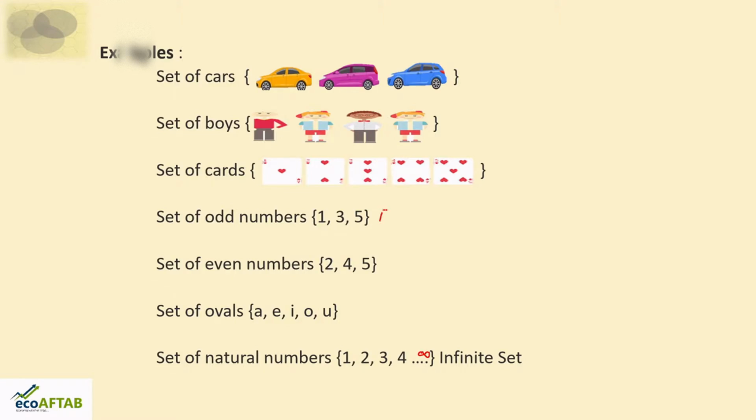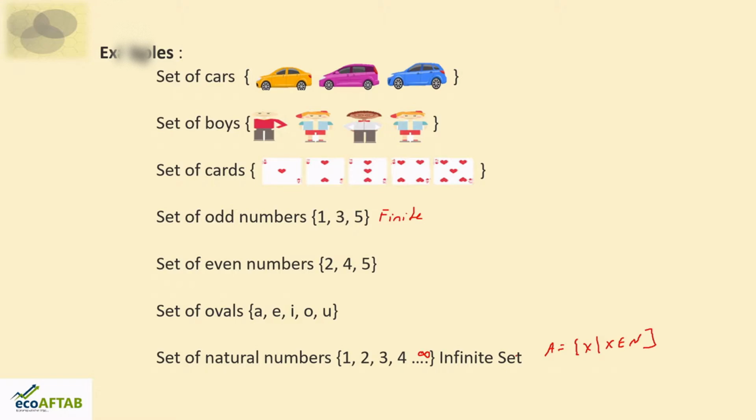These are finite sets, these are infinite, and this infinite set can be written in set builder form. This is set A, where x belongs to all the natural numbers. So this is an example of set builder form.